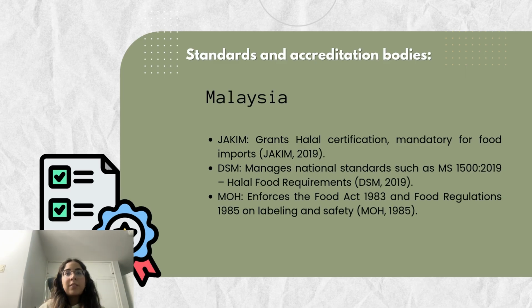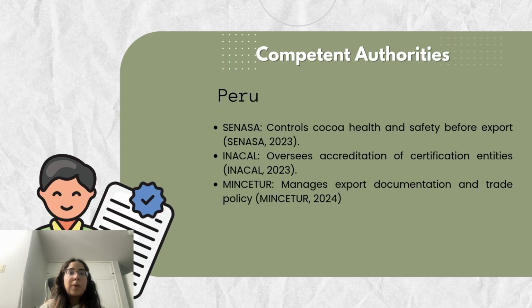In both countries, there are government institutions that supervise and enforce these standards. In Peru, SENASA is the main authority for phytosanitary control. This makes sure that cacao is safe for export and meets the importing country's rules. Then, INACAL ensures that certification bodies work according to international norms.